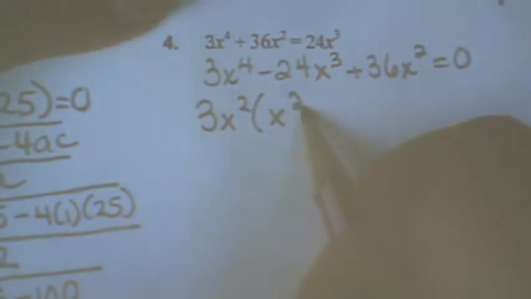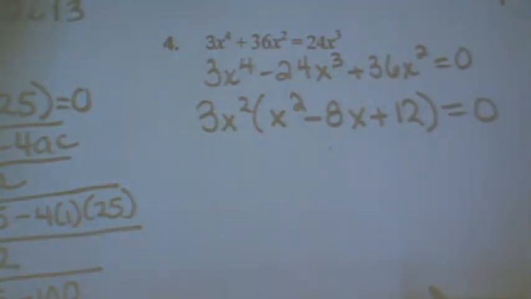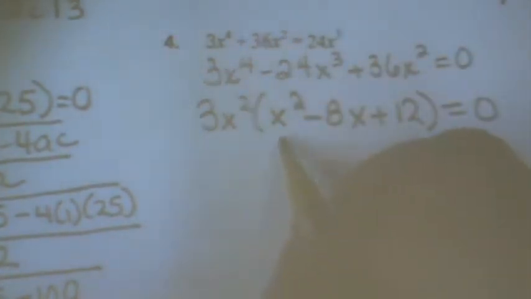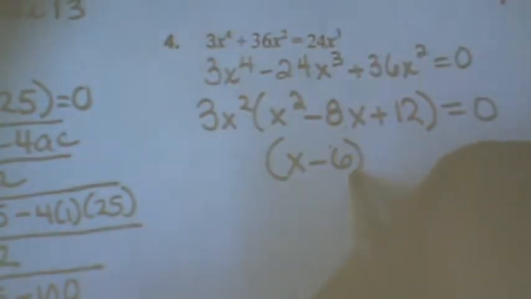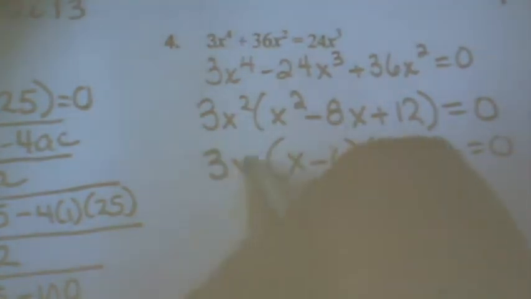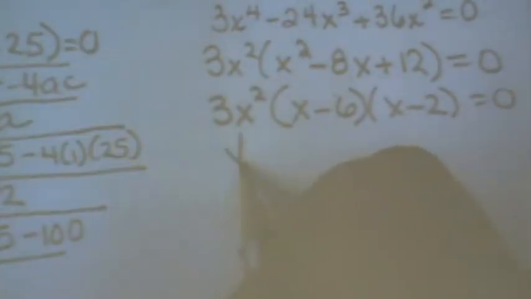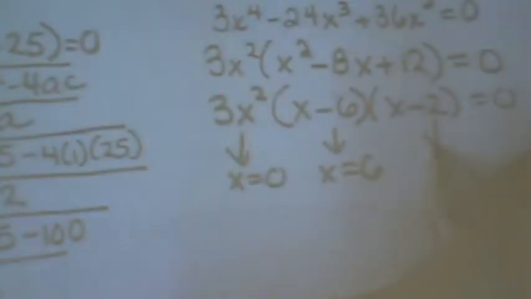You're left with x squared minus 8x plus 12 equals 0. Now, what times what is 12 but adds to be negative 8? Negative 6, negative 2. So this one has 3 real zeros. This one is 0, this one is 6, and this one is 2.